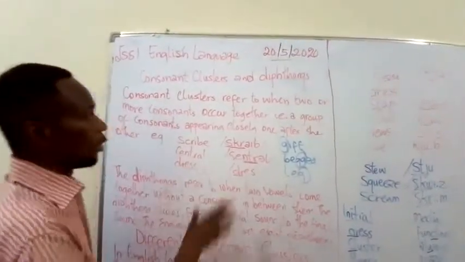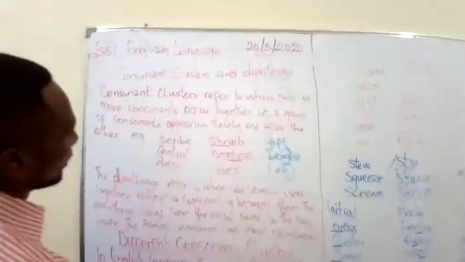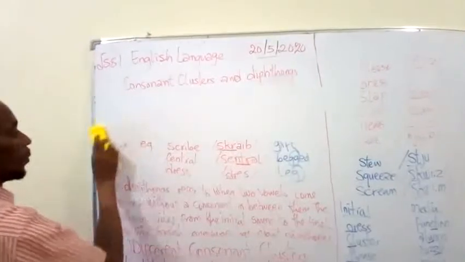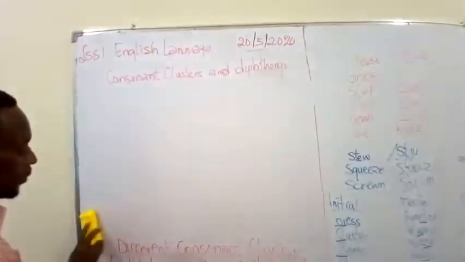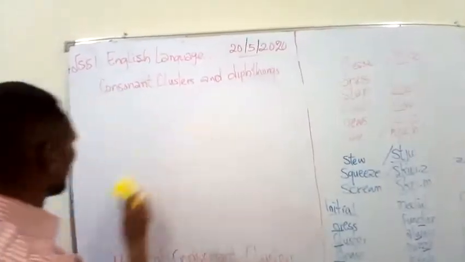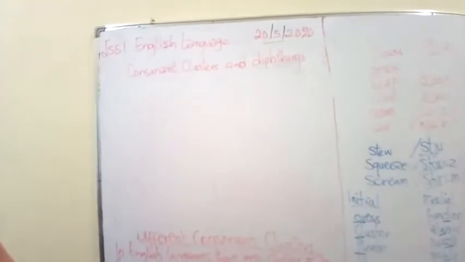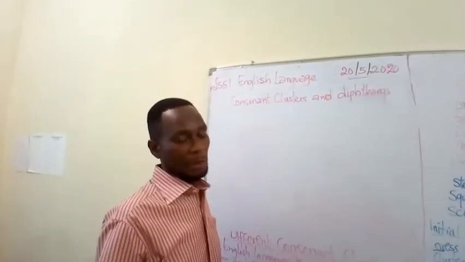Okay, so that we'll now look at this little part, diphthongs. Diphthongs, like we said, is when 2 monophthongs come together to make one sound.